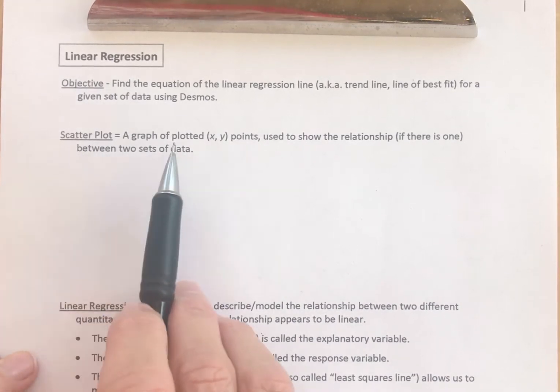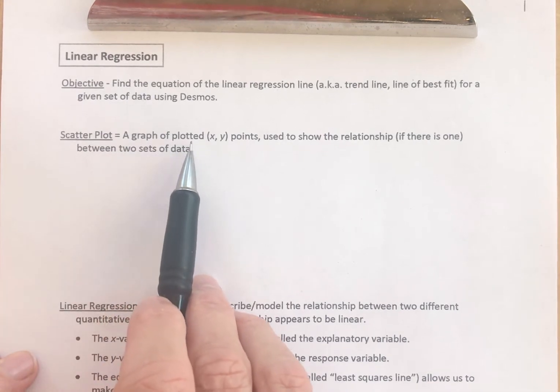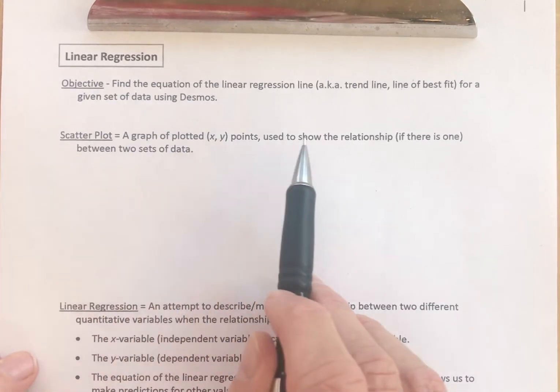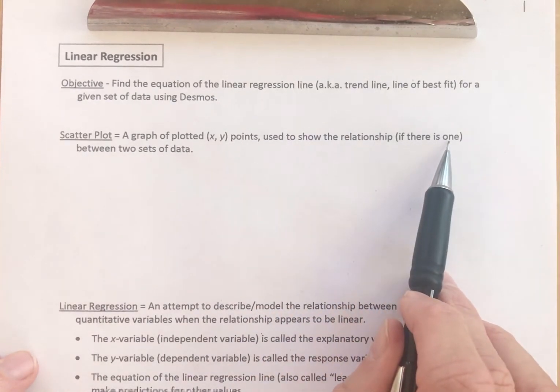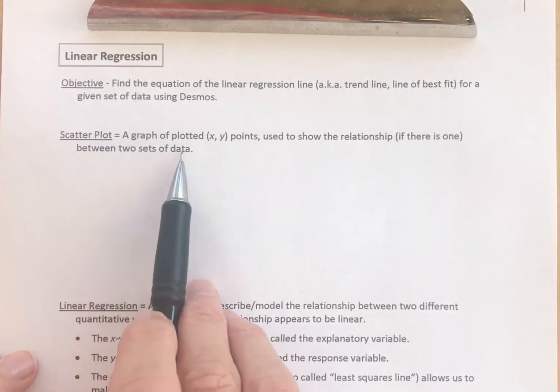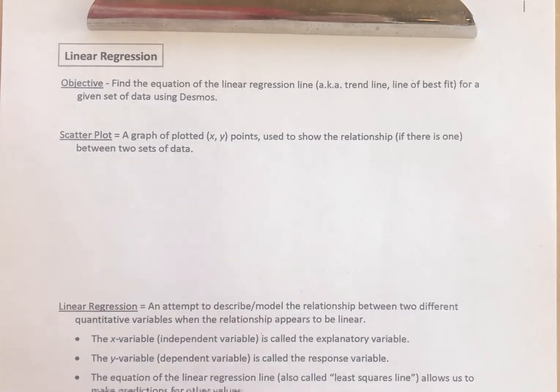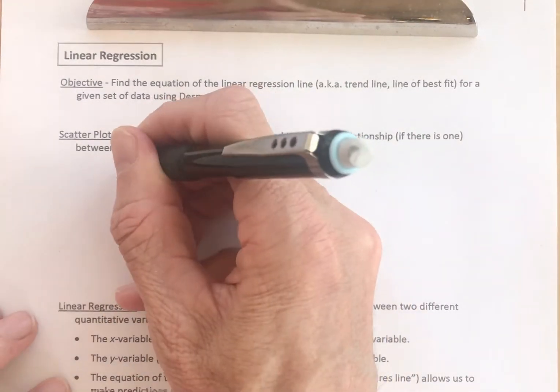A scatter plot is a graph of plotted XY points used to show the relationship, if there is one, between two sets of data. Okay, so let's take a look at a scatter plot which shows a linear relationship.